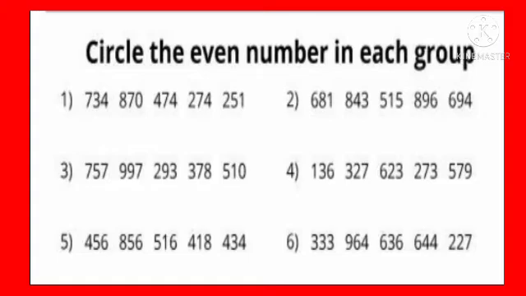In the fifth group, 456, 856, 516 are the numbers ending with 6 and 418 ends with 8. So, these four numbers are the even numbers. In the sixth group, 964, 636, 644 are the even numbers.